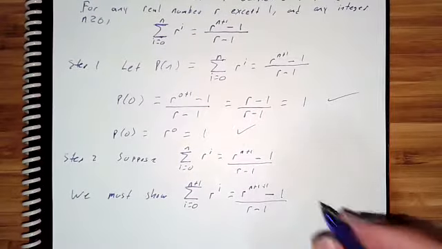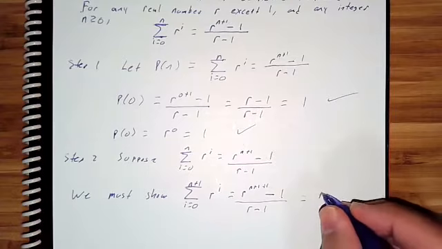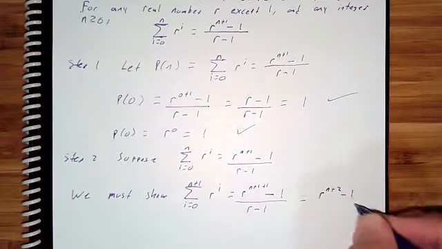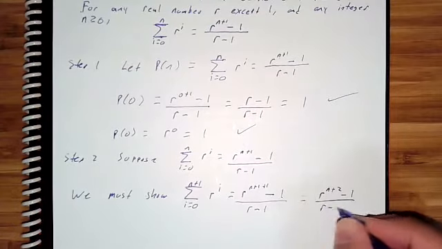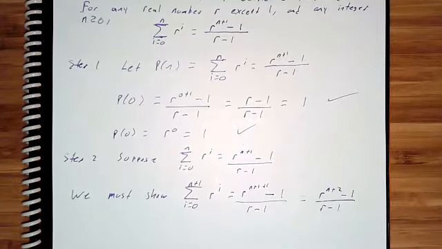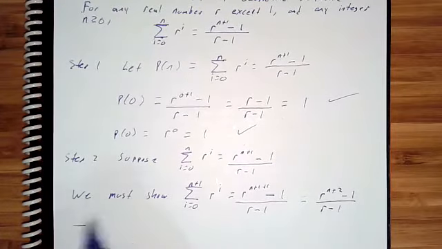Okay. So that would be equal to R to the n plus 2 minus 1 over R minus 1. So what we're going to do is we're going to start with, we're supposing this, right?